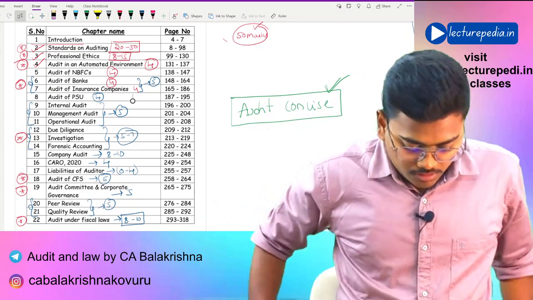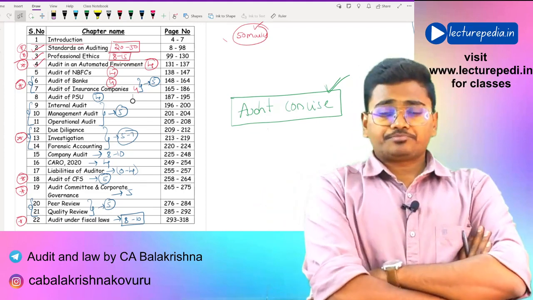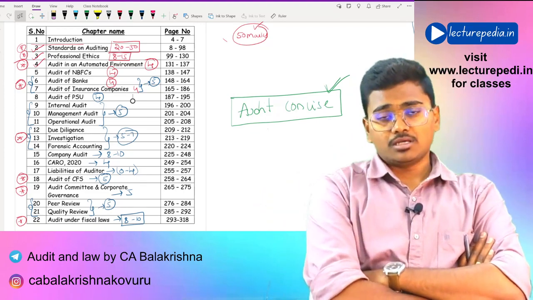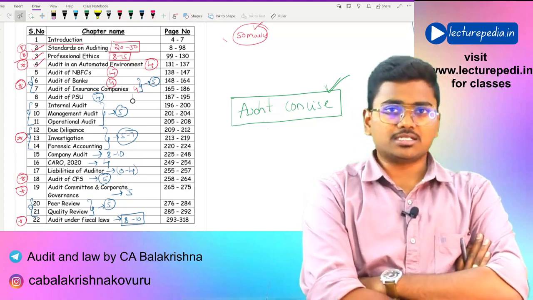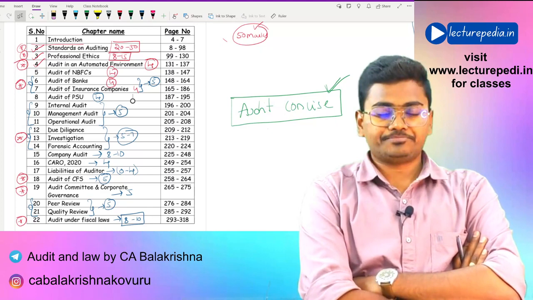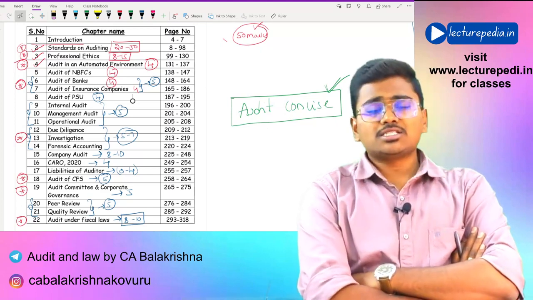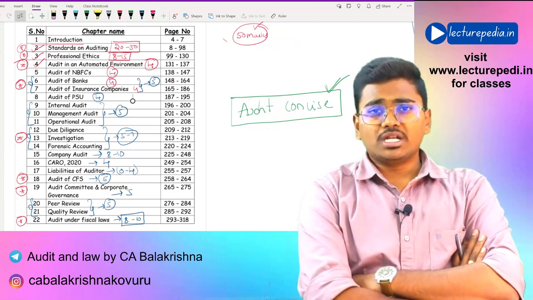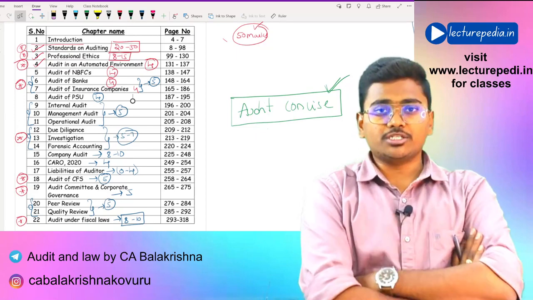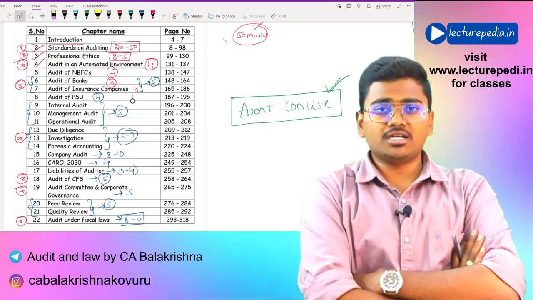Now we will be first of all starting with auditing standards. In our classes we will be starting with auditing standards. After completing auditing standards, we will go to the chapters, and these auditing standards you listen to them in the same sequence that I have provided you in the Google Drive link.